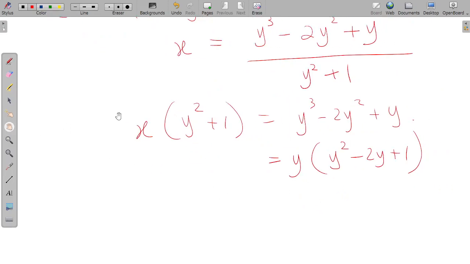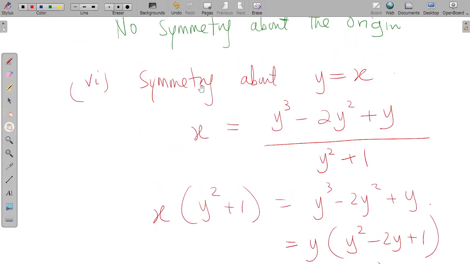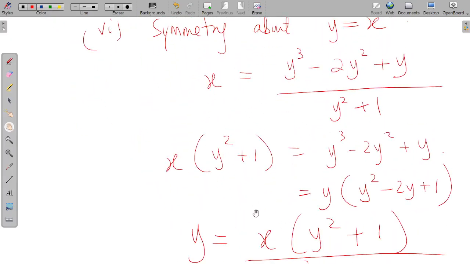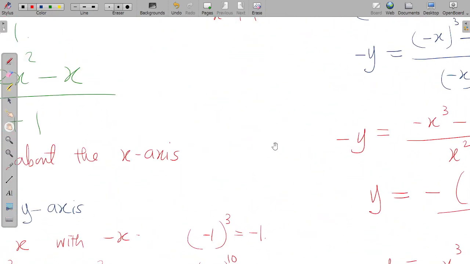So if I make y the subject, that will become x(y squared plus 1) all over y squared minus 2y plus 1. You see, when I make y the subject here, there's still y on the right-hand side. So we cannot make y explicitly the subject, just like we have in the original equation.